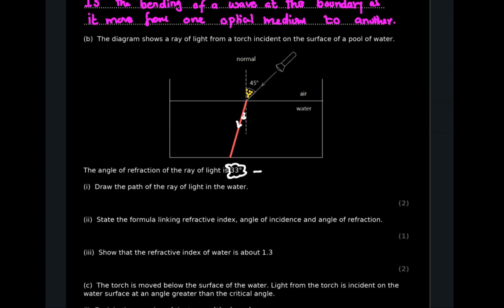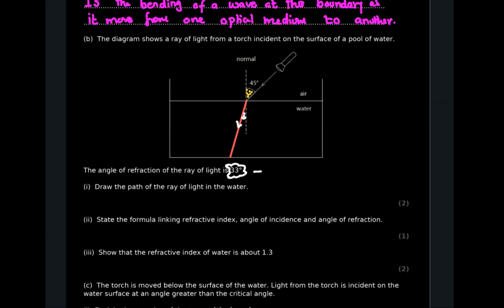We are told to state the formula linking refractive index, angle of incidence, and the angle of refraction. Refractive index is the one that determines how much the ray of light is going to bend. The larger the refractive index, the more the ray of light is going to bend towards the normal.